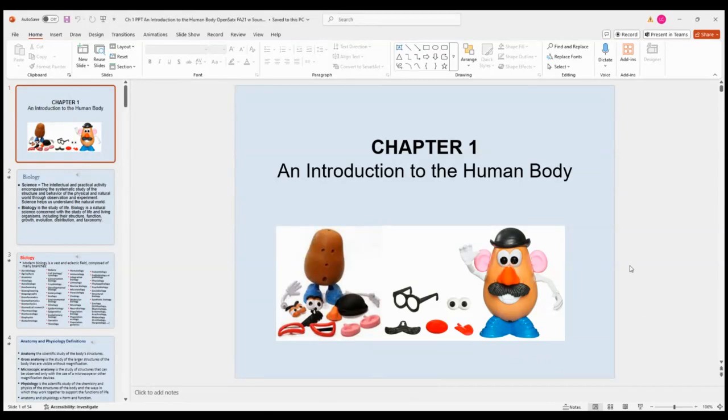Chapter 1. So we went through this introductory stuff, some definitions, these chemical levels, or these levels of organization at which we can study human anatomy and physiology.